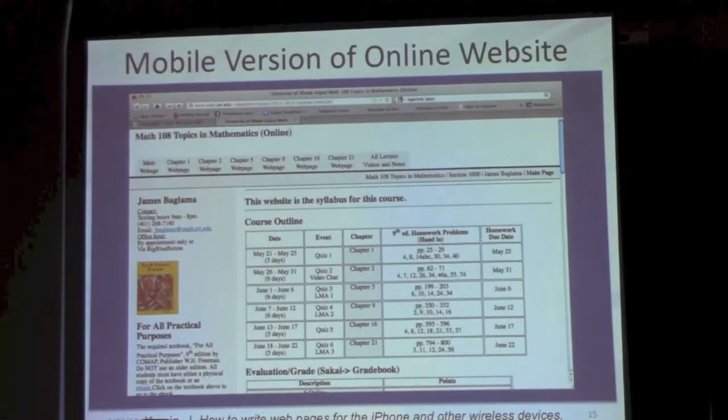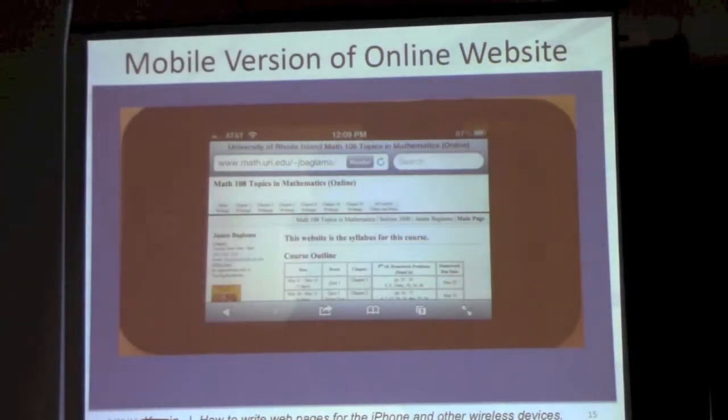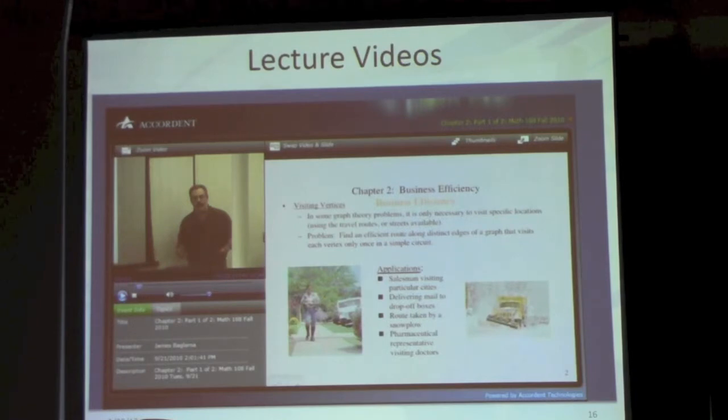So the mobile version of the site works very nicely on the iPhone and on the iPad and so on, and also on the Google devices. The lecture videos were all done on Accordant. However, Accordant is not mobile friendly. In fact, you cannot see these on a mobile device because it requires Microsoft Silverlight.